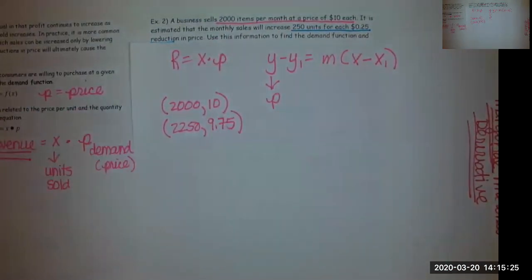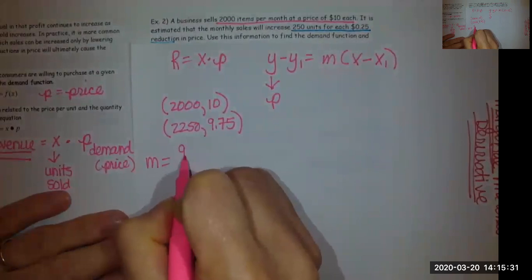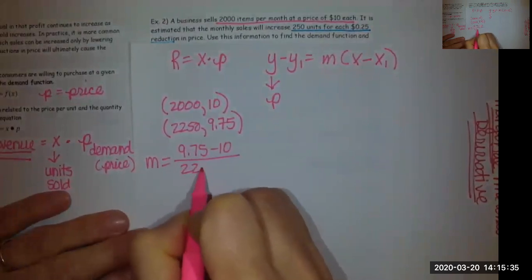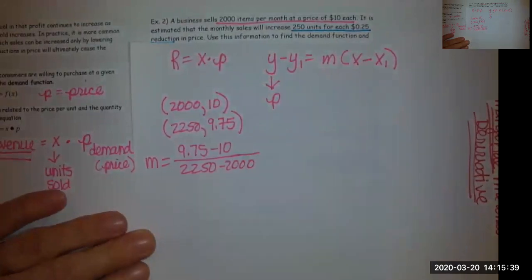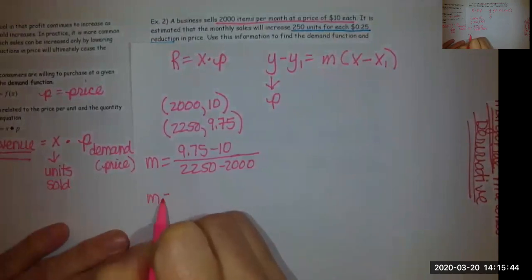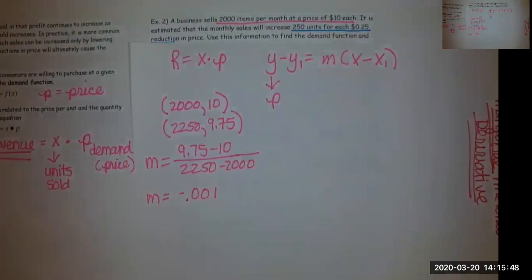So now if you have 2 points, you really can find the slope pretty easily, right? So let's find the slope. That would be 9.75 minus 10 over 2,250 minus 2,000. And if you need to pause the video to use your calculator, go ahead. It is important that you key in things so you know how we got the answer.